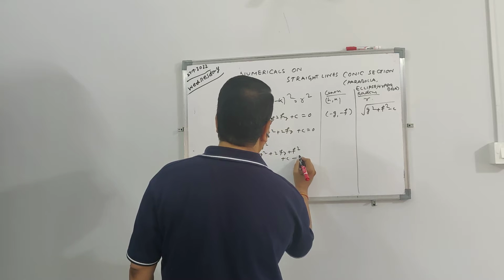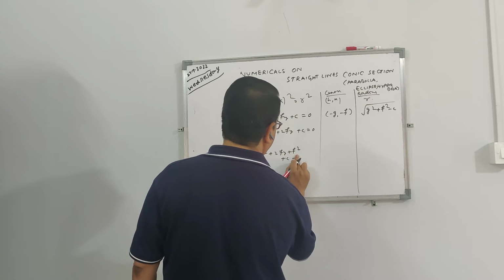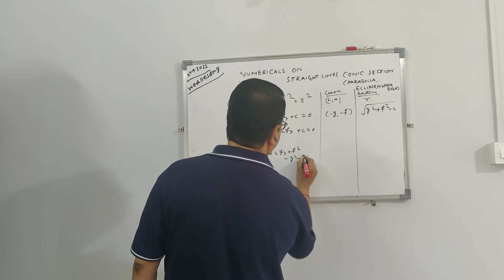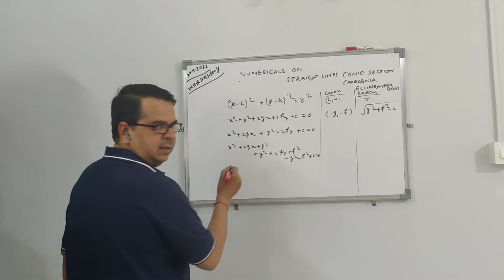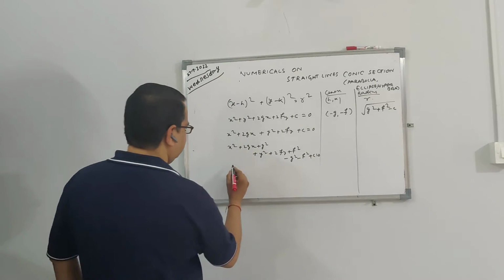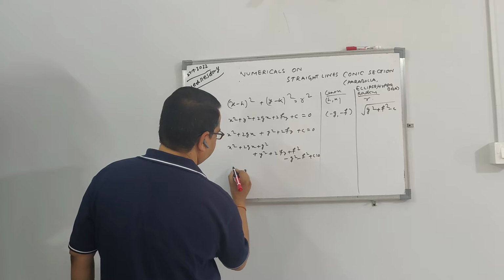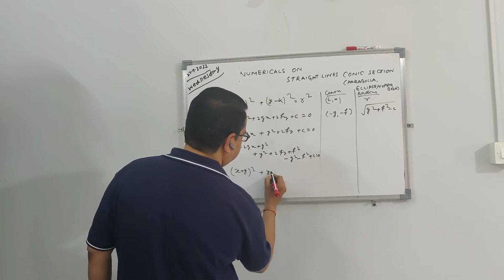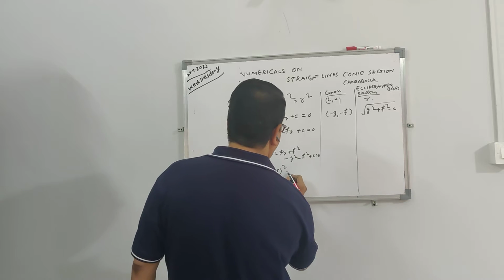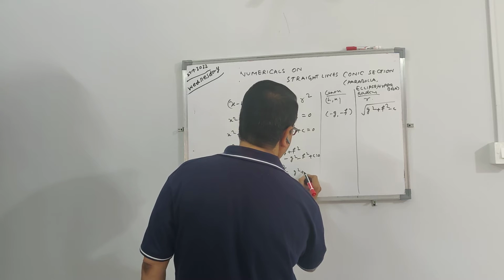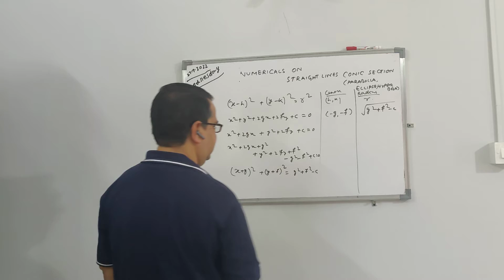Since you have added, you have to subtract also: minus g square minus f square plus c is equal to 0. Simplifying, it becomes x plus g whole square plus y plus f whole square, and then on the right side, g square plus f square minus c.